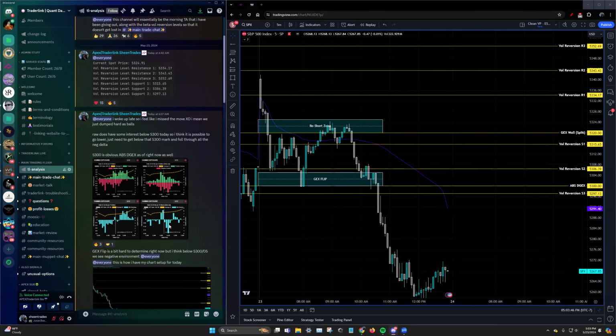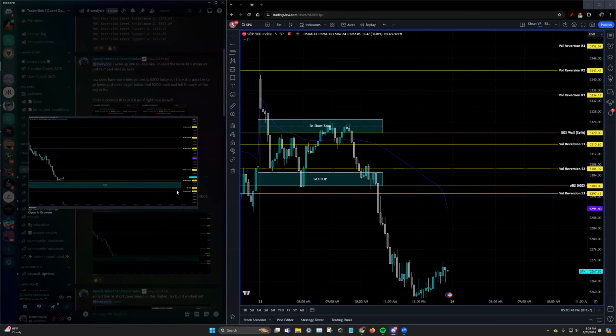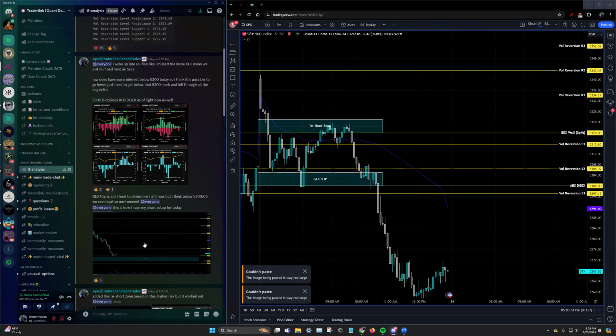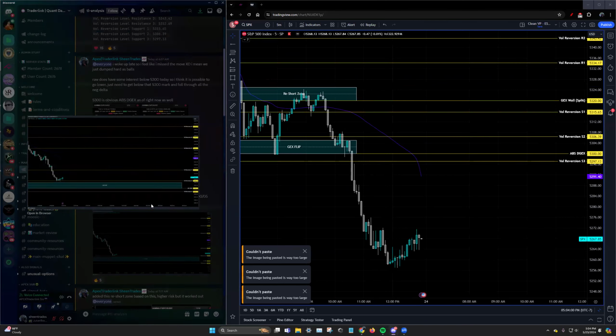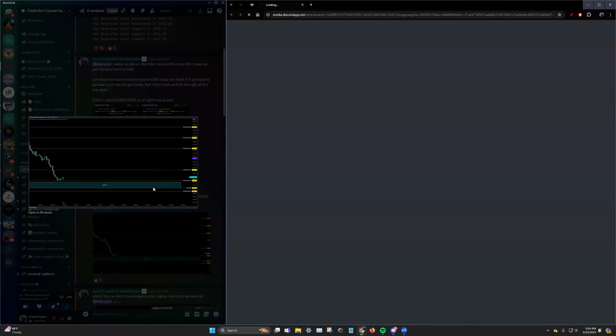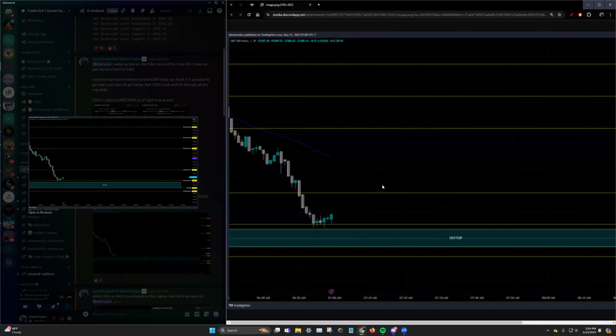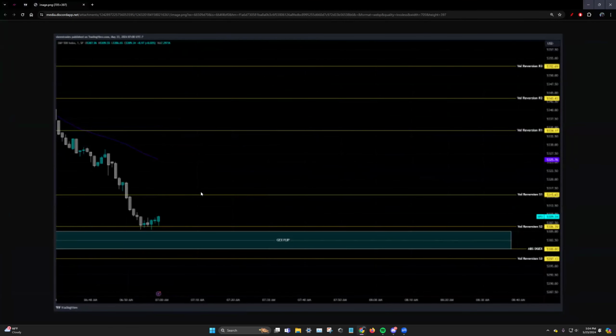Following that, this is how the chart was labeled in the morning, right? So let's get that up. Copy image. Image is too large. Can I open this up? Okay, so obviously very messy.